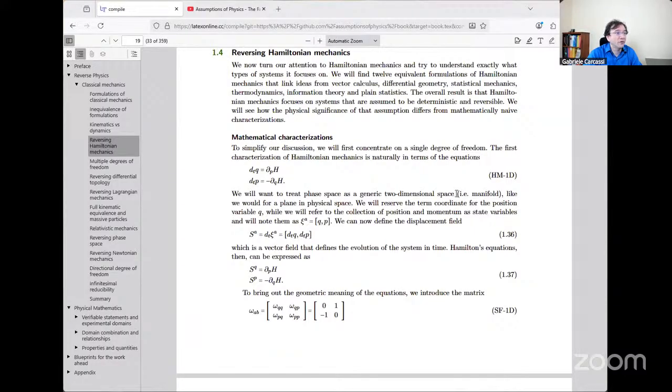And then to avoid the confusion with the generic term coordinate that you have in math, when we talk about coordinates, we will refer really to the positions, to the q's. And when we talk about the state variables, then it's the whole thing. In principle, phase space itself is a manifold, so position and momentum mathematically are the coordinates of the state space manifold.